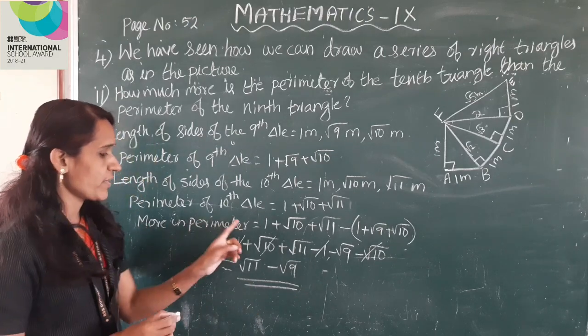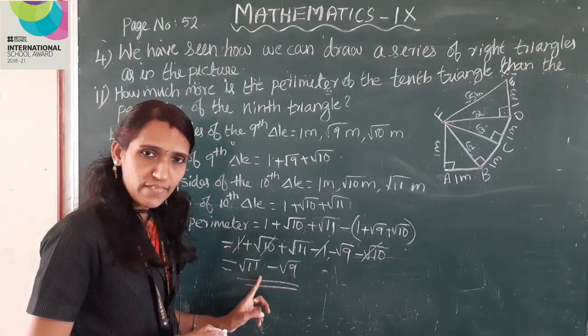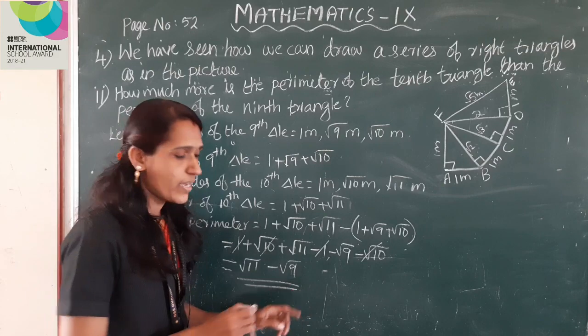So more in perimeter is root 11 minus root 9 meter.